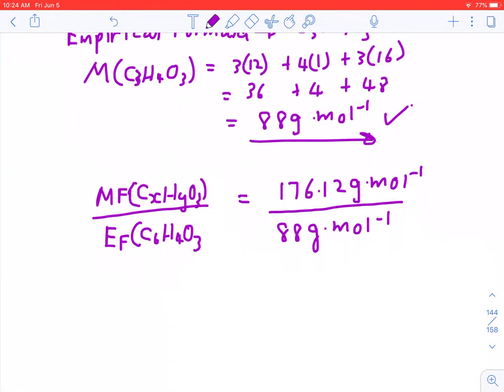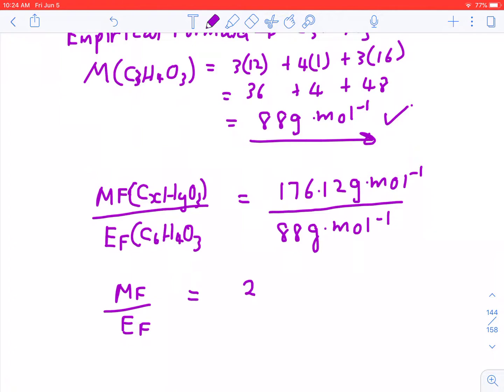That says the molecular formula over the empirical formula is equal to 2, because 88 goes into 176.12 twice.